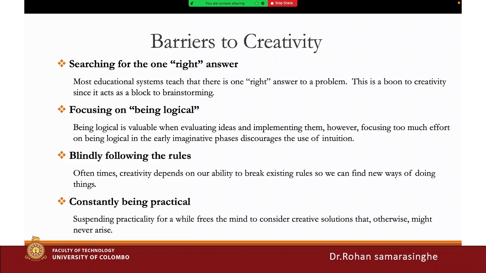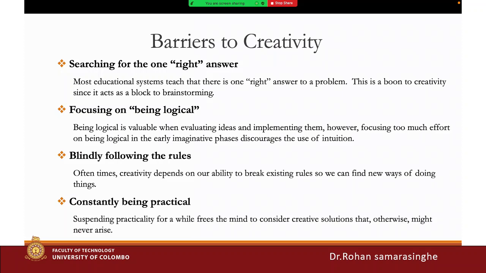Sometimes if you have a set of ideas, all of these ideas cannot be implemented. When you are trying to find a solution that can be implemented right away, you can't find it. So suspend the practicality for a while and think.